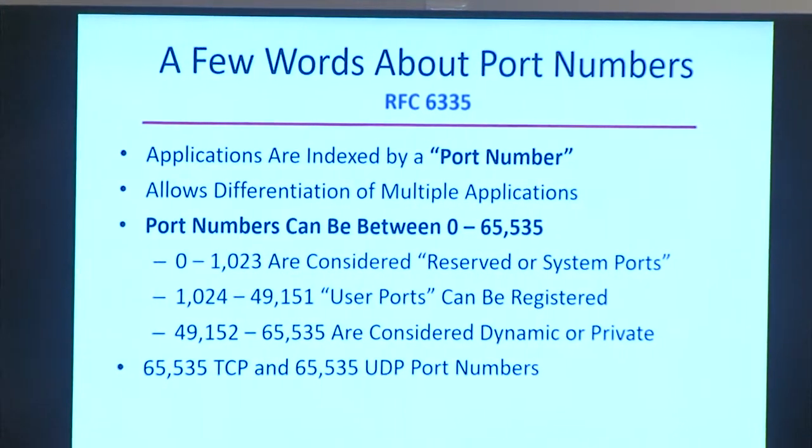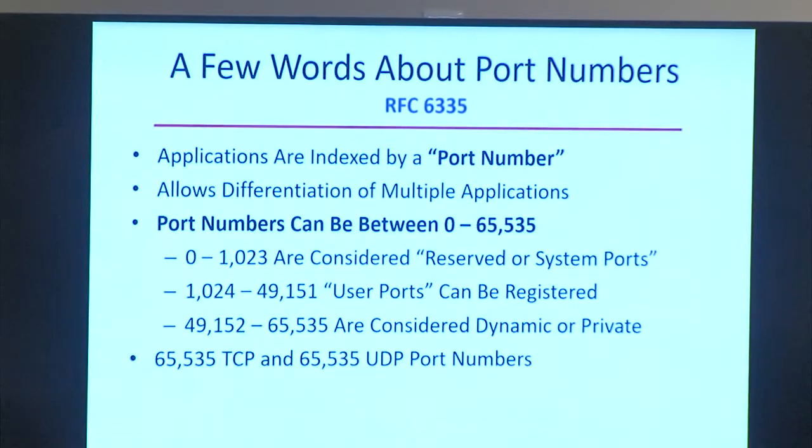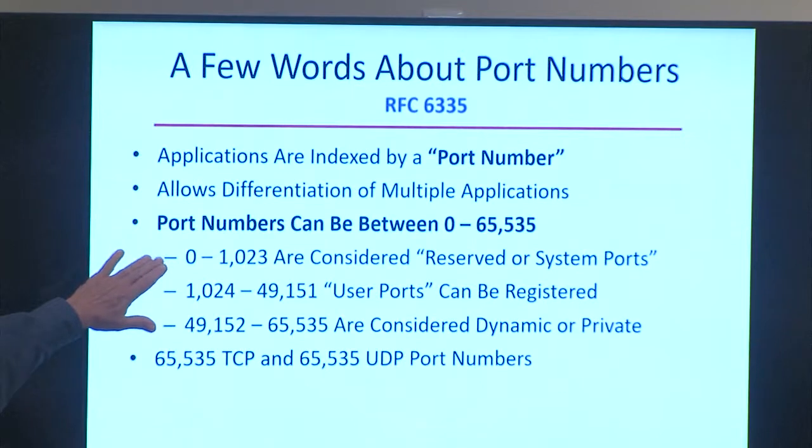Port numbers, we talked about this a little bit. A port number is simply the way that hosts differentiate multiple applications that exist on them. Port numbers can be registered. Port numbers range from 0 to 65,535. Within that range, there are 3 different classes.